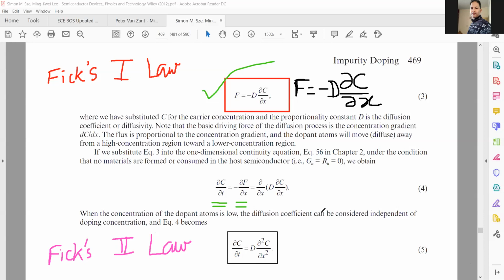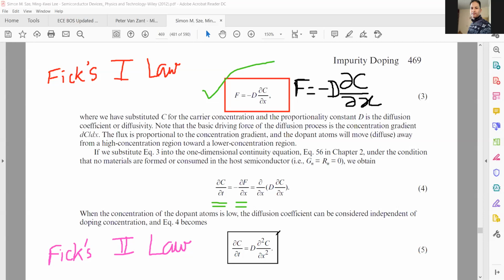This Fick's second law is useful in calculating the dopant versus depth profile in semiconductors, for different conditions, which we will discuss in a minute.